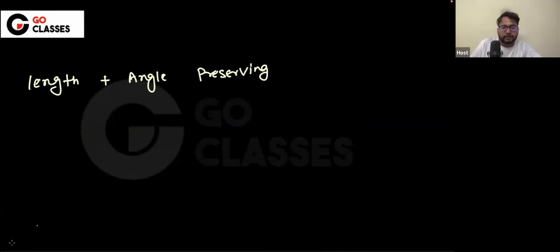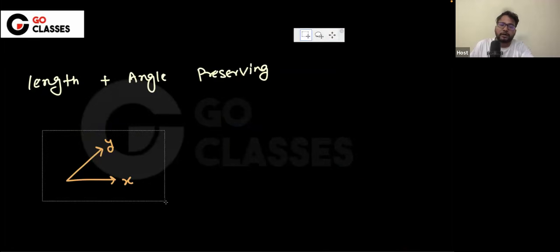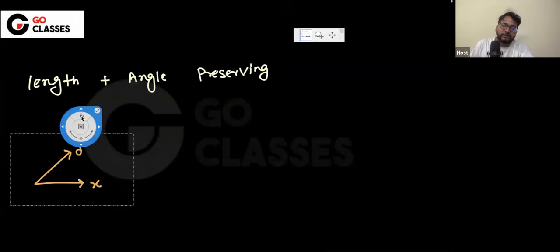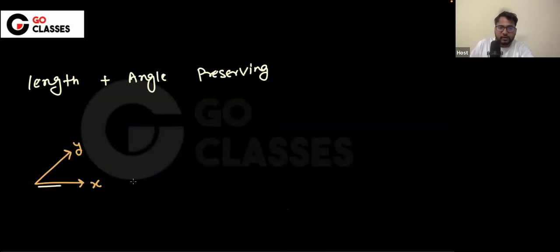What does length plus angle preservation mean? If you have, let's suppose, two unit length vectors here, it could be any length, I'm just saying unit length, then here also you will get the same length, it will just be rotated. So x cannot be stretched or shrunk, and similarly for y. x can only be rotated, y can only be rotated.